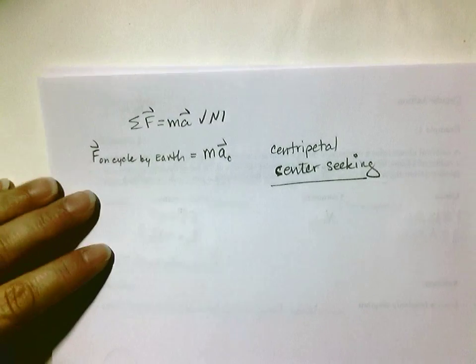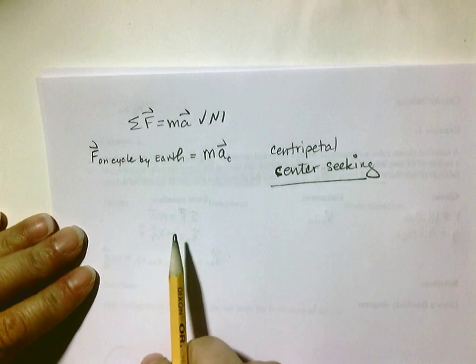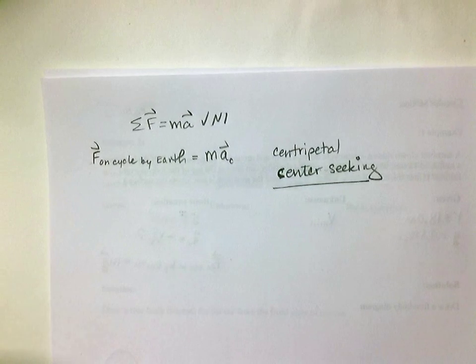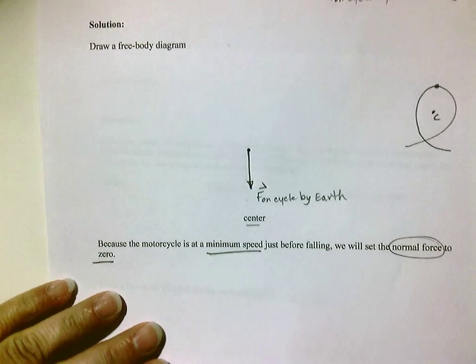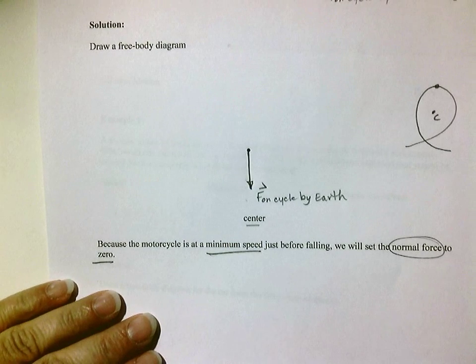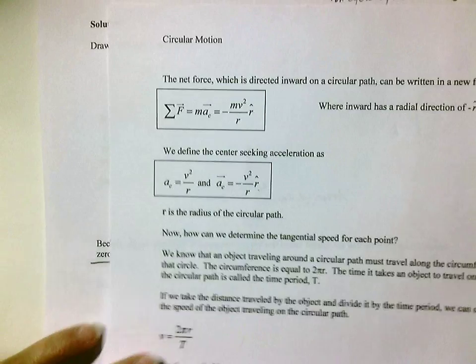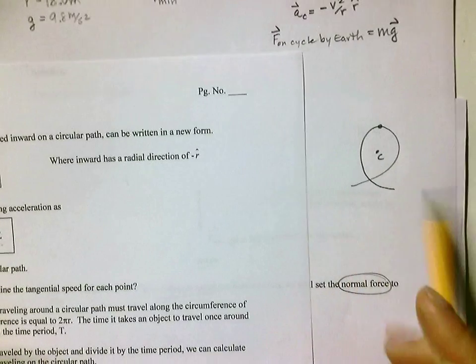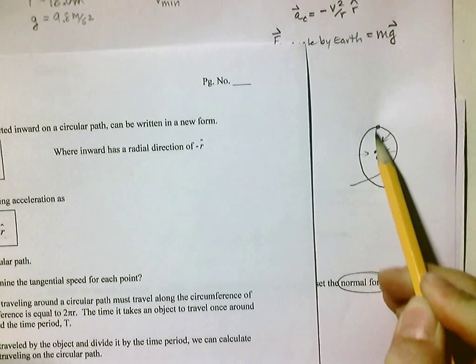Okay, in this case, I'm not going to use my r hat when I substitute in because I already have a direction for this. My direction from my free body diagram is down. It's going to be in the negative j hat direction. So even though on this sheet we have a direction of r hat, that's because r hat would be here, or here, or here, or here.